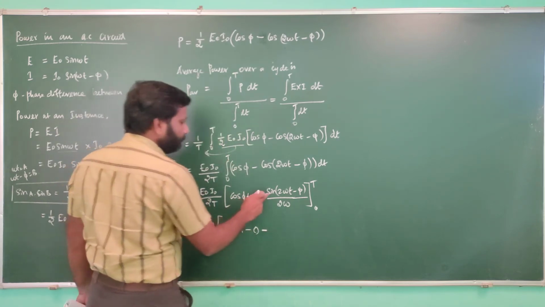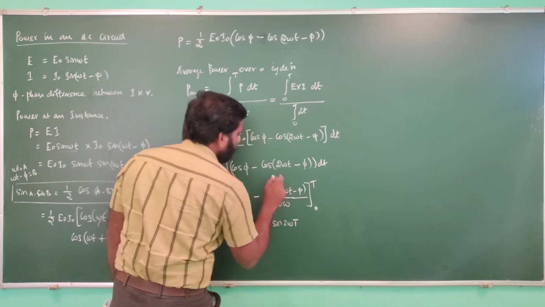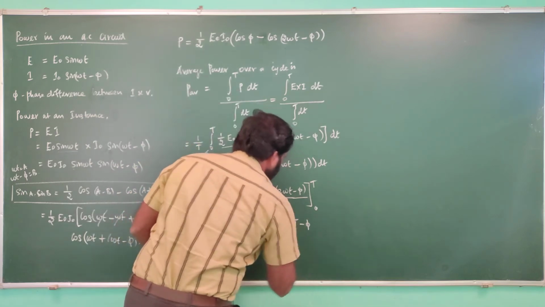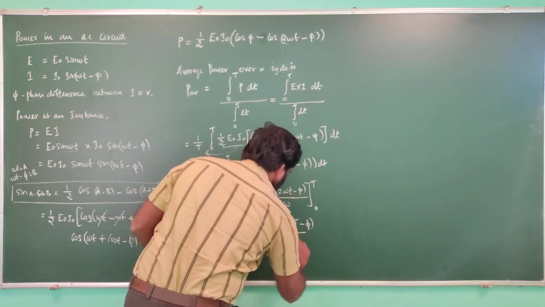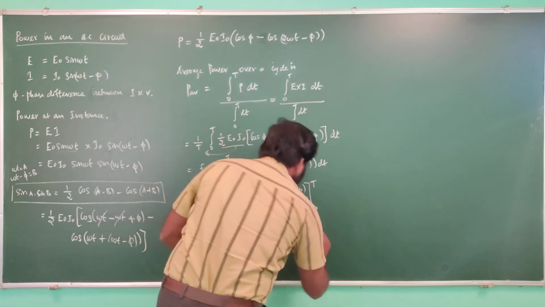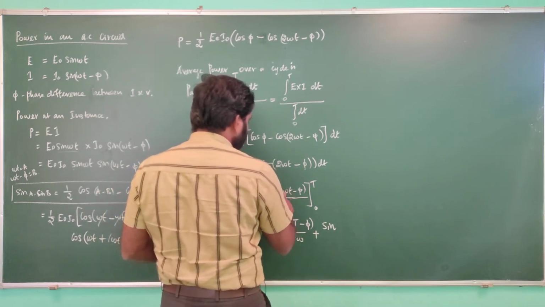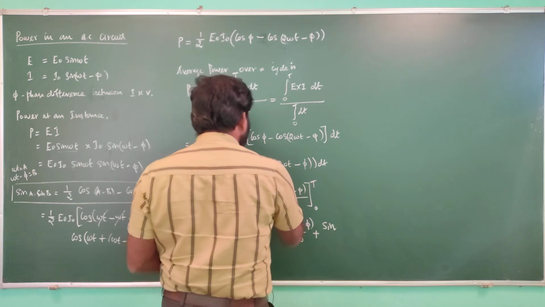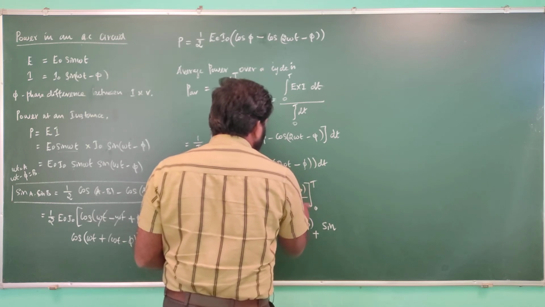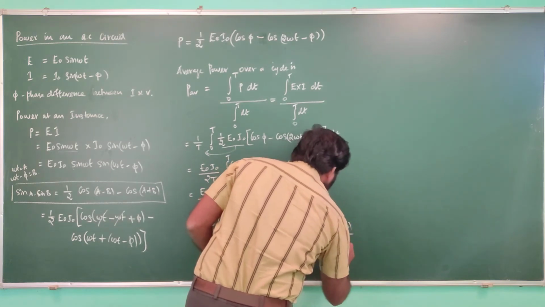Minus here sin (2 omega, in the place of small t we apply capital T, minus phi) by 2 omega, and then we have to apply another minus, so minus minus becomes plus, so that it is plus sin, here in the place of t we put 0, so 2 omega multiplied by 0 becomes 0, so what remains is sin of minus phi by 2 omega.